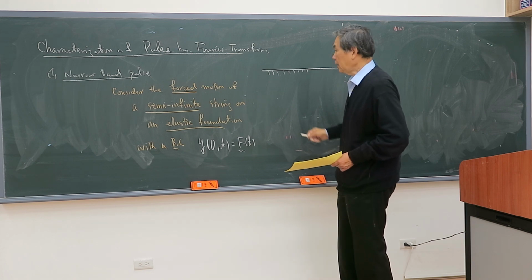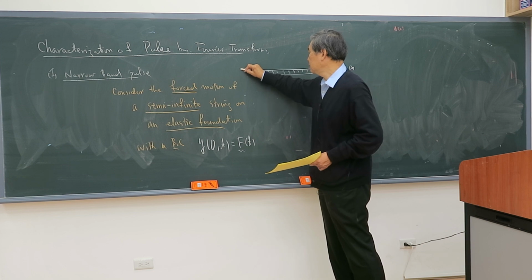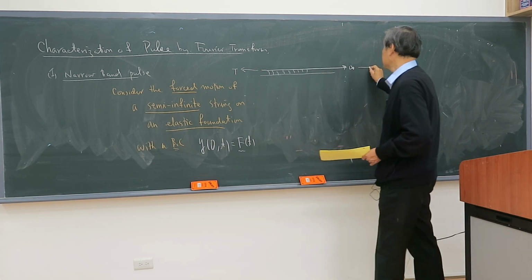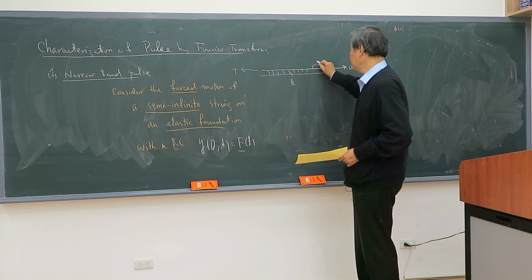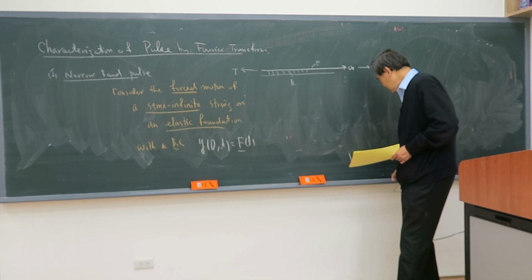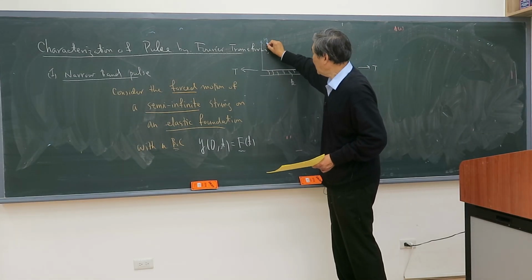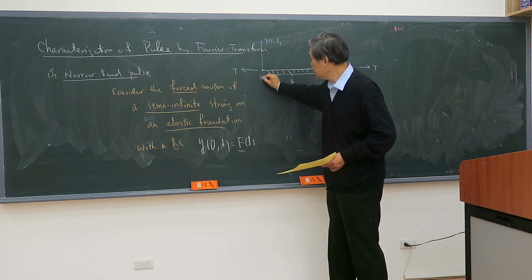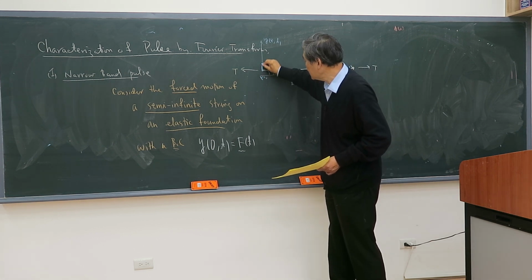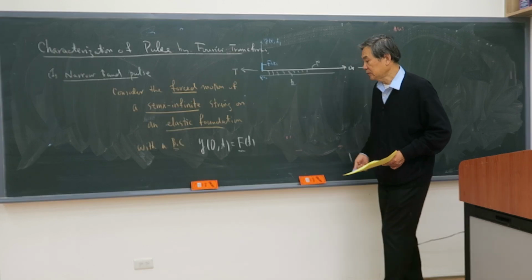Okay, and initially, under tension T with a material property k, density rho, and the displacement y(x,t). At x equal to 0, I have a forcing f(t), an oscillation about the equilibrium.